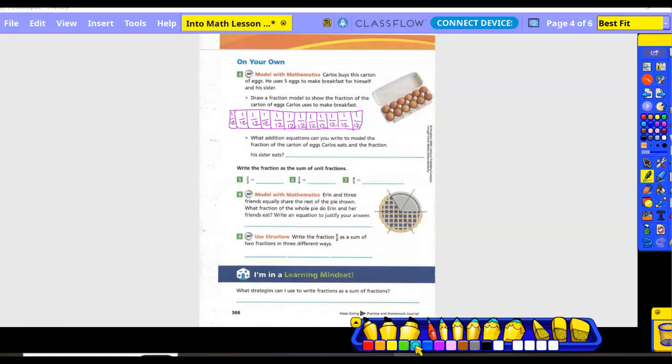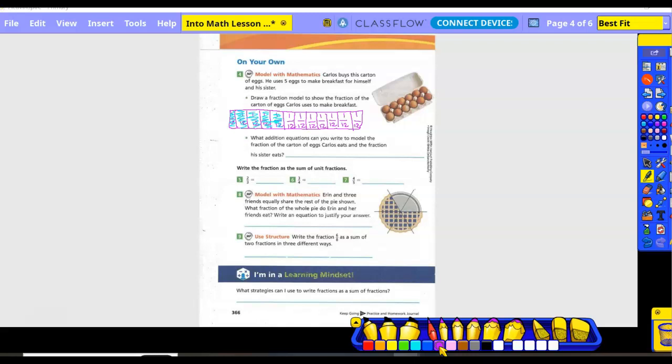Okay, then how many eggs does he use? 5. So I'm going to shade in 5 sections. And then they want to know what addition equations can you write to model the fraction of the carton of eggs Carlos eats and the fraction his sister eats. So what would we do?